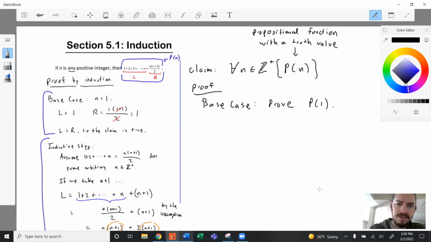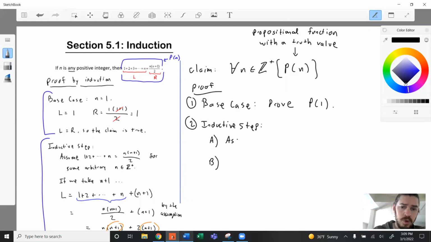So that would be our base case, and then our inductive step. I'm going to label these 1 and 2. And 2, the inductive step, has two parts to it, A and B. A is assume P of n for some n in your set, and in Z plus in this case.